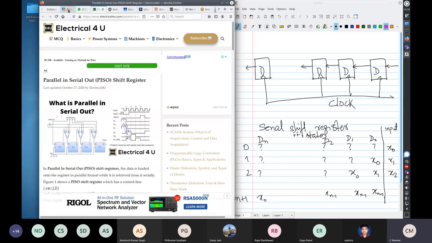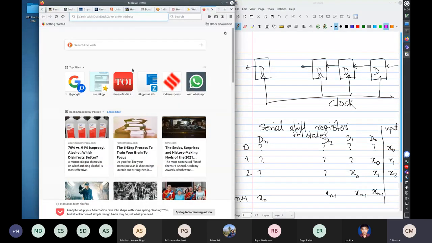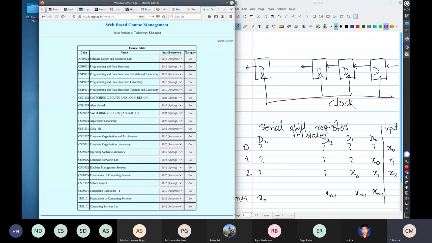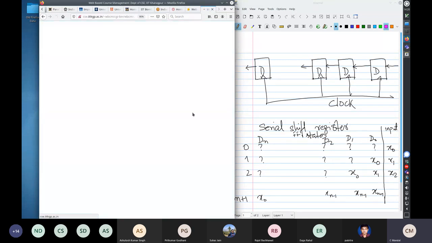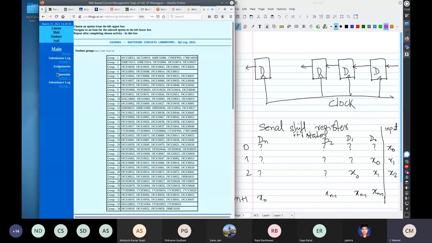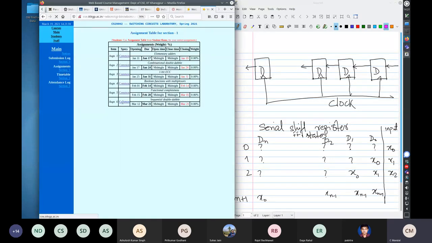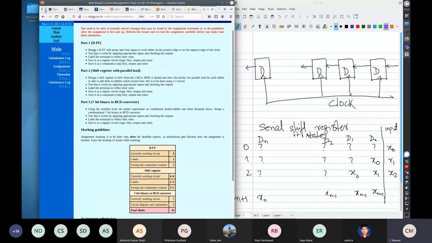First you wire up a D flip-flop, then you make this shift register with parallel load facility, and then you make your binary to BCD converter.